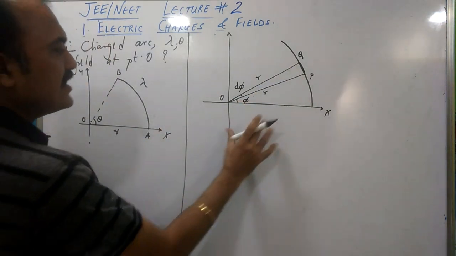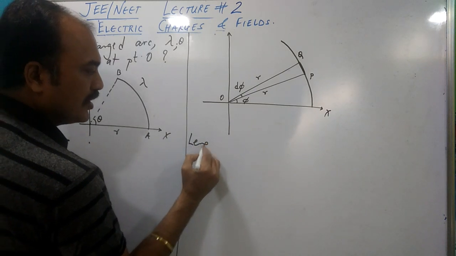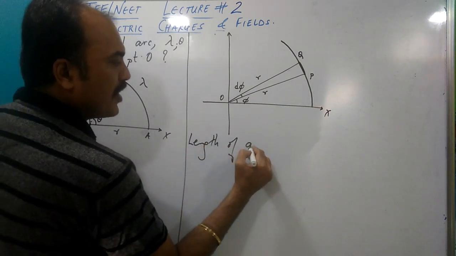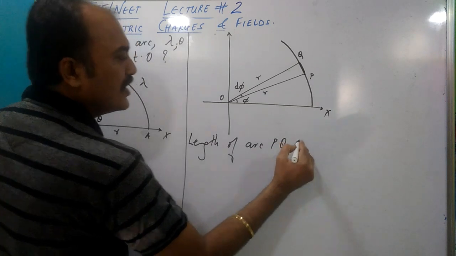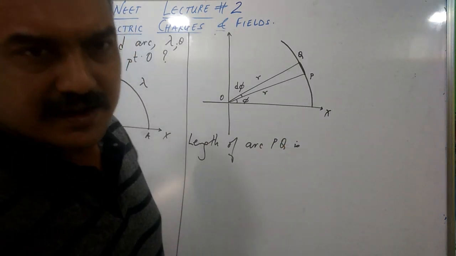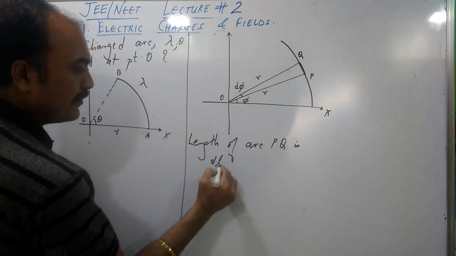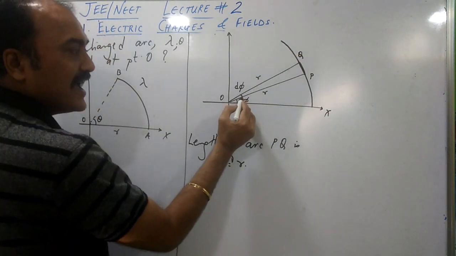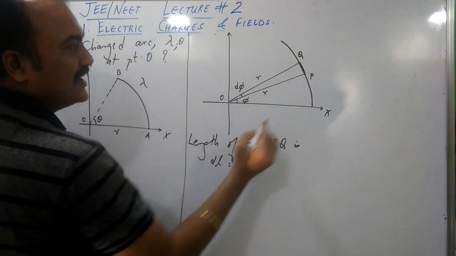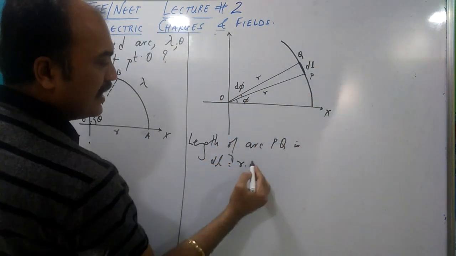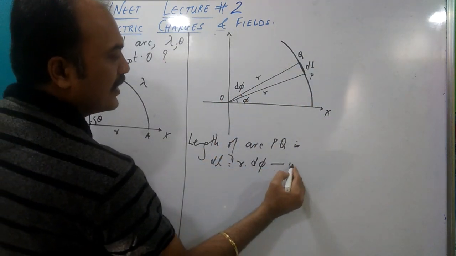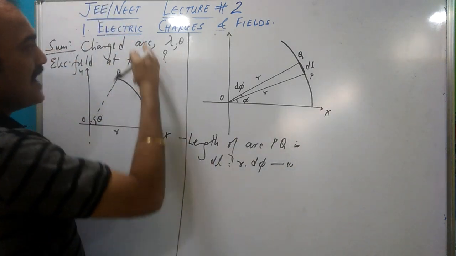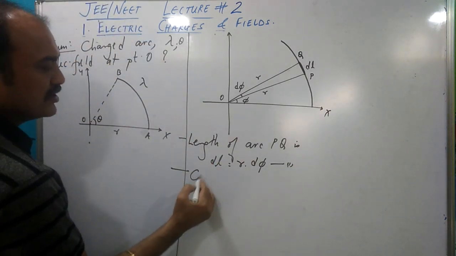So first things first, what is the length of arc PQ? Everybody knows length of arc is r theta. So dl, how much is the radius r and how much is the angle subtended by arc PQ? Isn't it d phi? I'm going to call this dl, so r d phi. And now my lambda comes into existence.